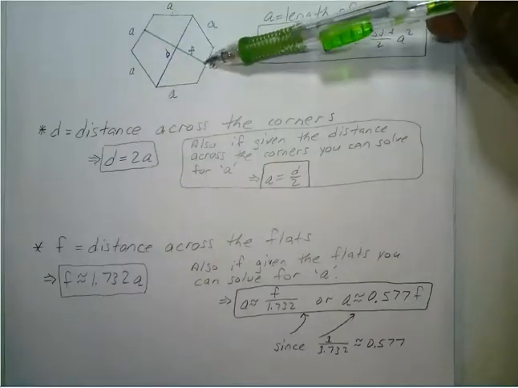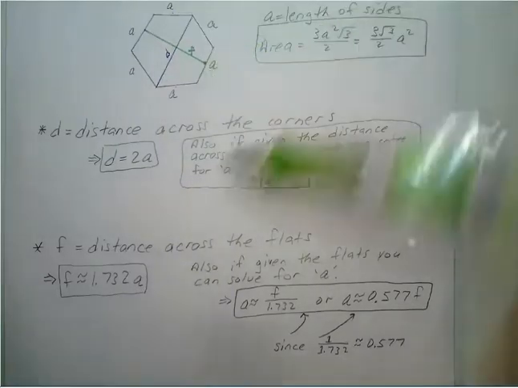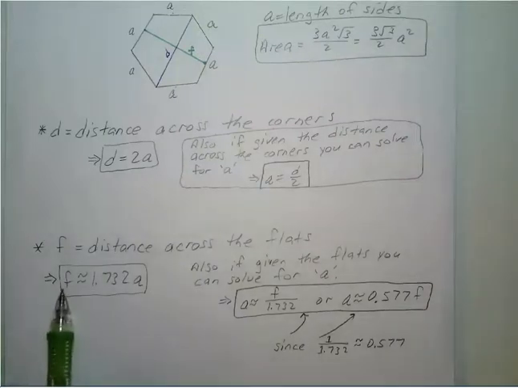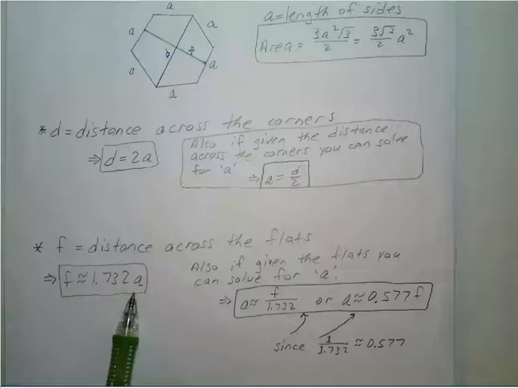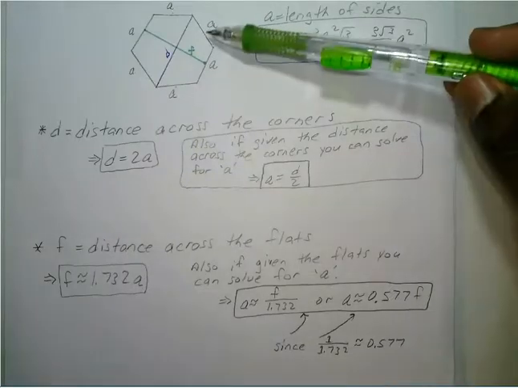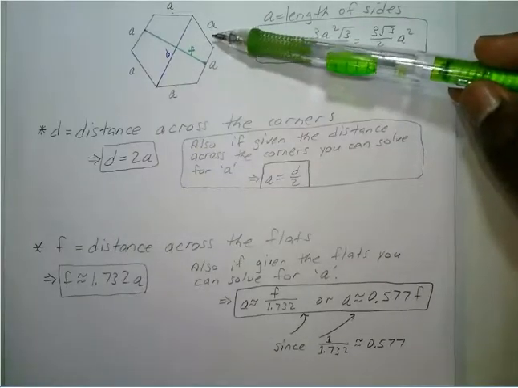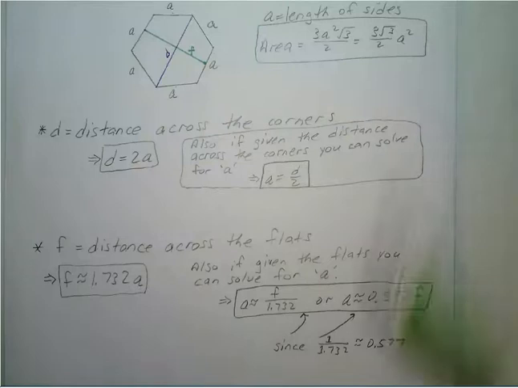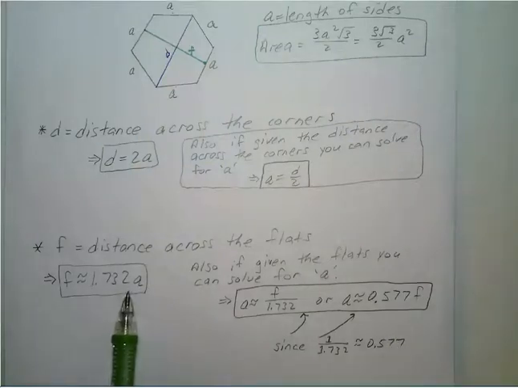So if you have the distance across the flats, you can find that out by F is approximately equal to 1.732 times a. Now, if you know the distance across the flats and you want to solve for a, which is the length of the side, you can just divide both sides by 1.732.